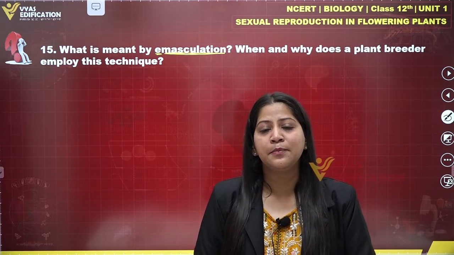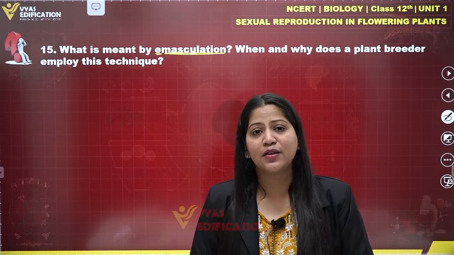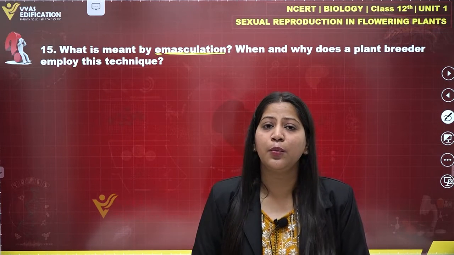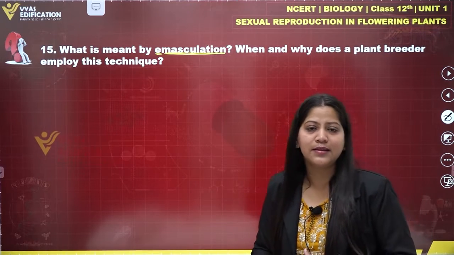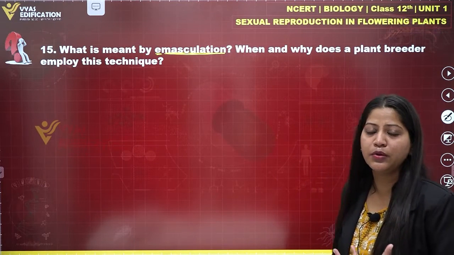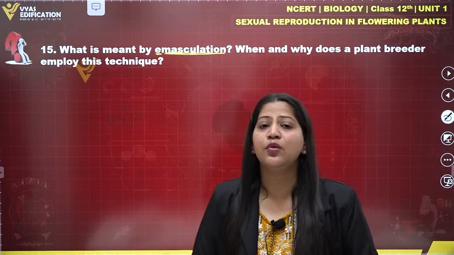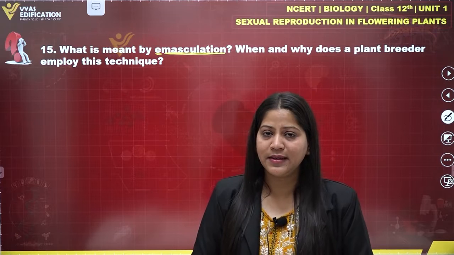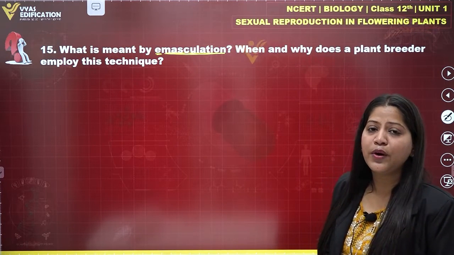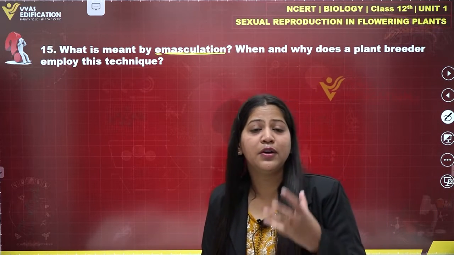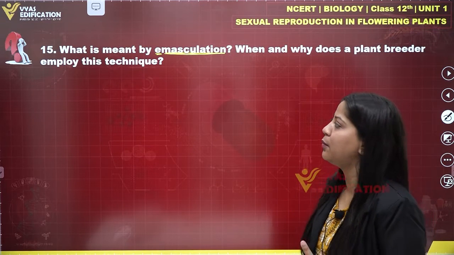This is a very useful technique in artificial hybridization, when the desired pollen is required, to obtain better quality seeds. First we remove the anthers, that is emasculation, to prevent self-pollination.